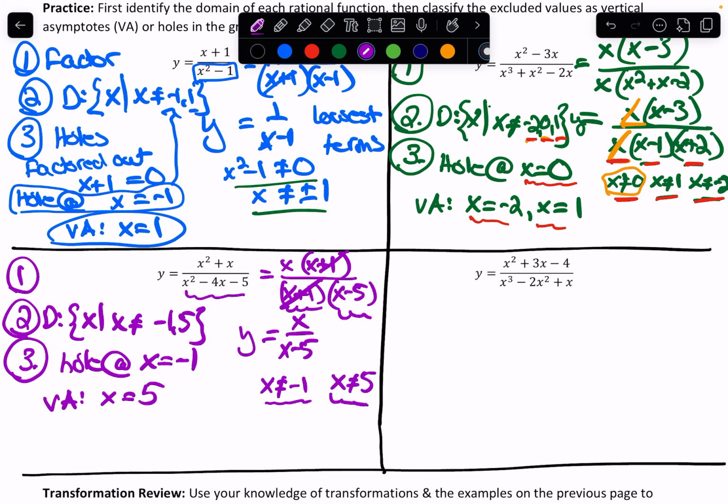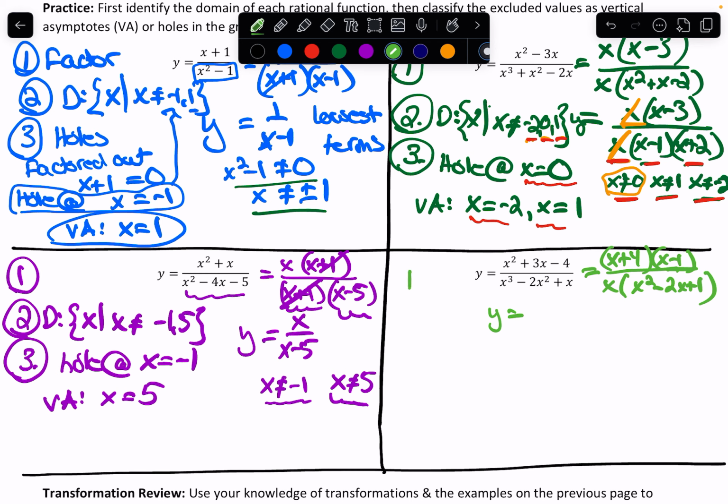Okay, next one. The top one factors to x plus 4 and x minus 1. The bottom, we can take out the greatest common factor, and then it ends up being x squared minus 2x plus 1.